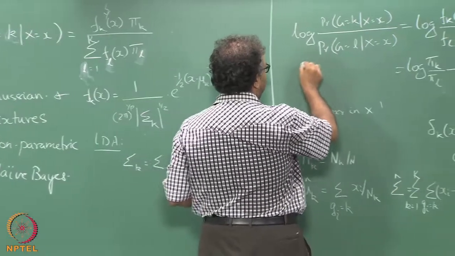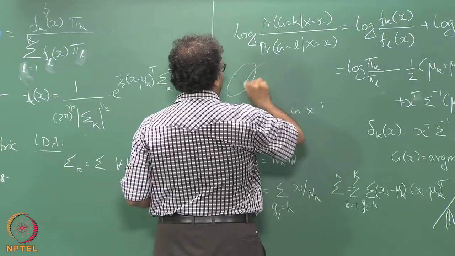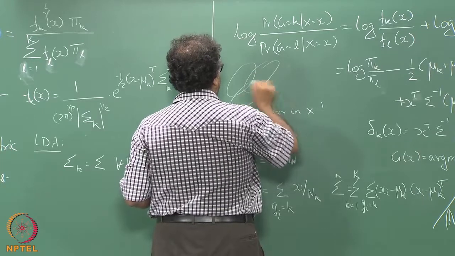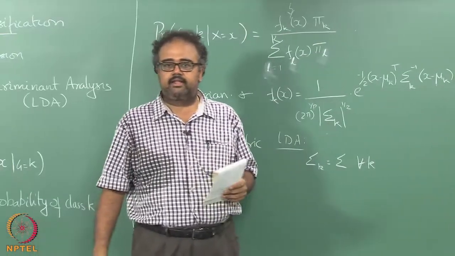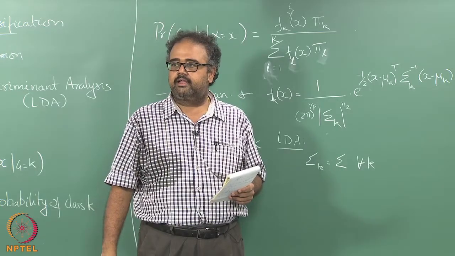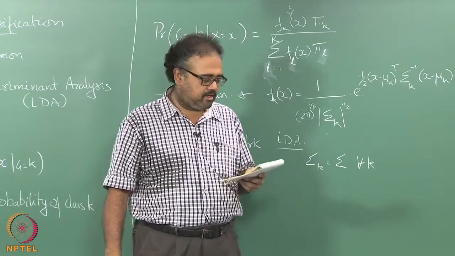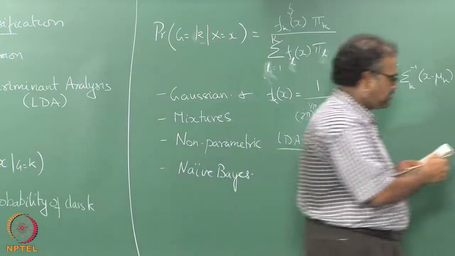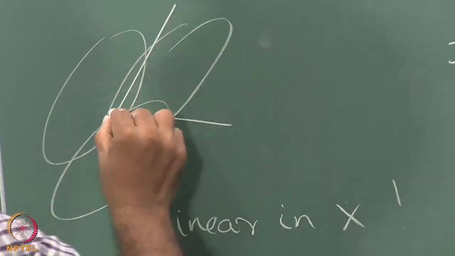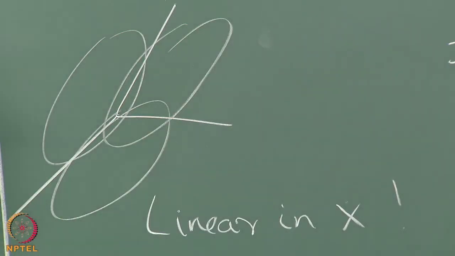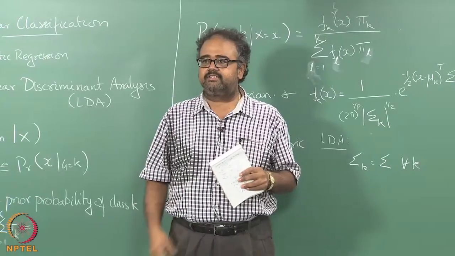So if you think about it, let us say I have 3 classes that look like that. So these will be somewhat the separating surfaces that I will learn.